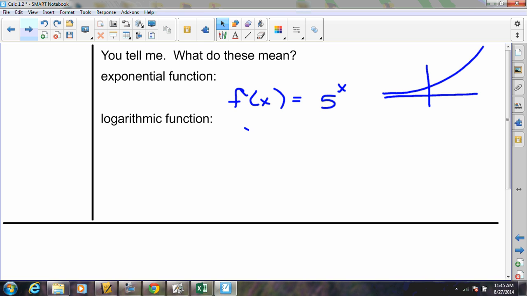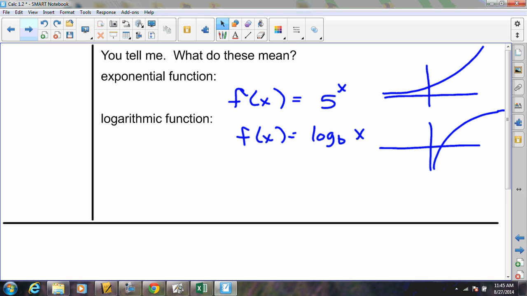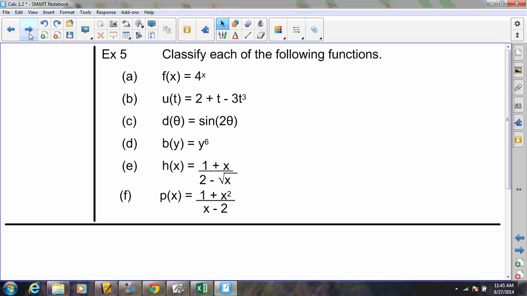We know logarithmic functions could have a different base, but their basic look branches off and flattens out. So, what type? Okay, this one's an exponential function, true.